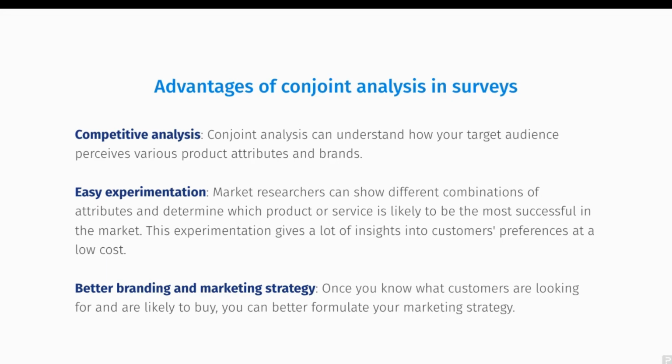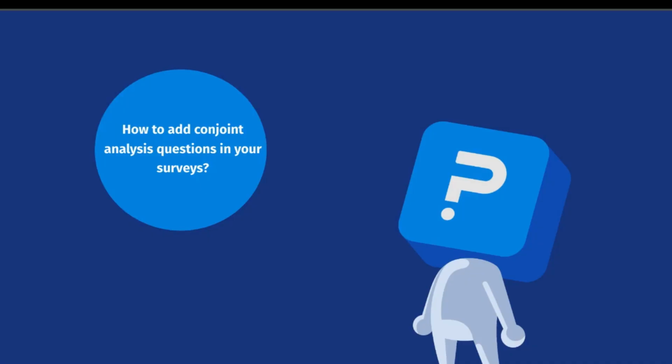This experimentation gives a lot of insights into customers' preferences at a low cost, and better branding and marketing strategy. Once you know what customers are looking for and are likely to buy, you can better formulate your marketing strategy. So, how to add conjoint analysis question in your surveys?